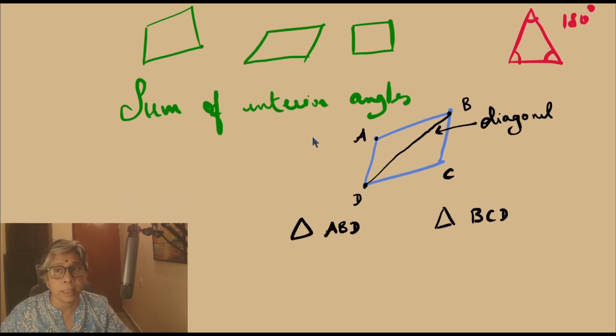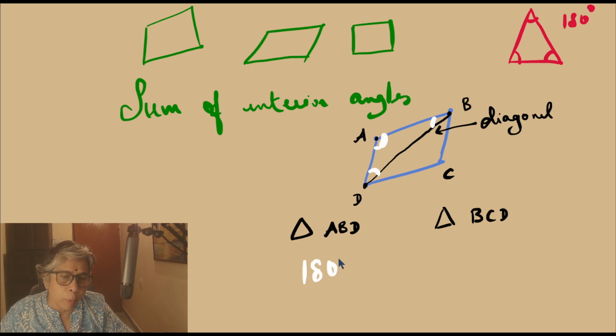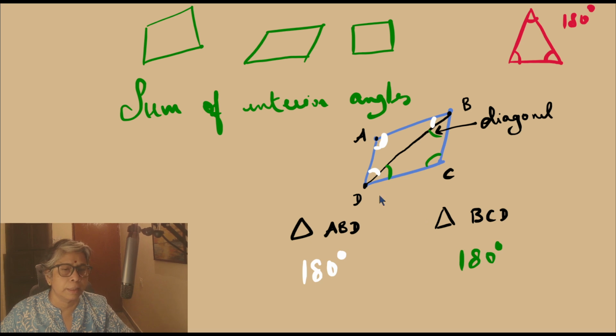So now we can say that in triangle ABD, the angles I am marking in white, the sum would be equal to 180 degrees. And similarly, in triangle BCD, these 3 angles in green would be equal to 180 degrees, right? And these are the 4 angles. This is of course divided into white and green, but it is one single angle here, right?